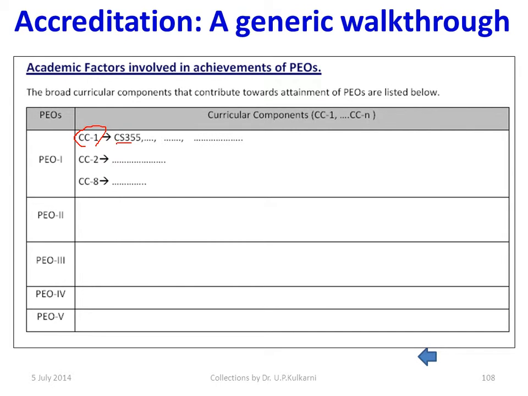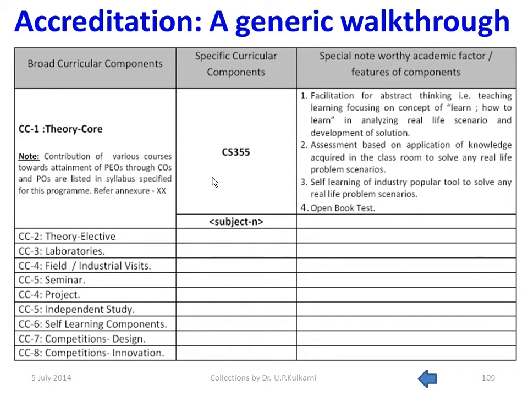I write different course IDs and I give a snapshot of this against each PO. Then I define the various curricular components: theory core, theory elective, laboratory, field industrial visit, seminar, project, independent study, self-learning component, computation, design, innovation. There are n number of things you can add which you call curricular components.